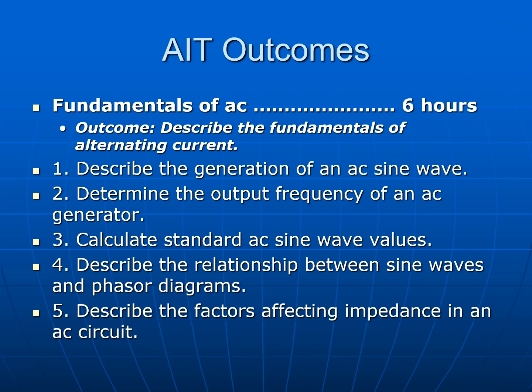You should also be able to describe the relationship between sine waves and phasor diagrams in regards to whether things are in phase or leading or lagging. And you should also be able to describe the factors that affect total impedance. Impedance being the total opposition to current, and resistance, inductive reactance, and capacitive reactance being three components of the total impedance.